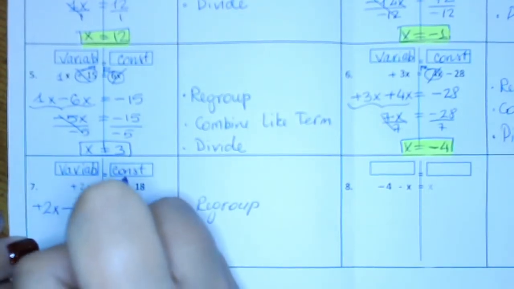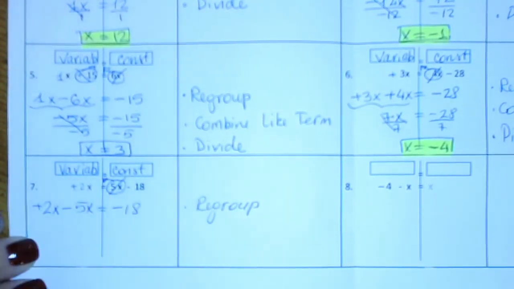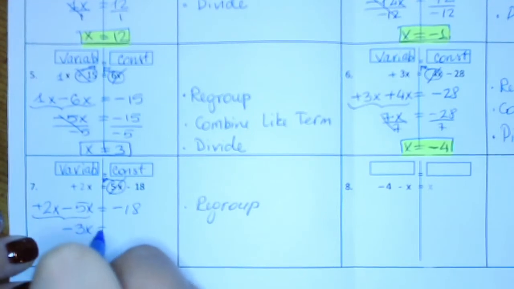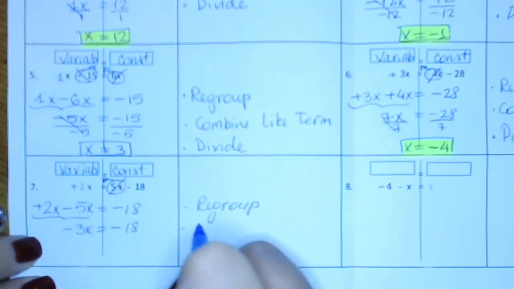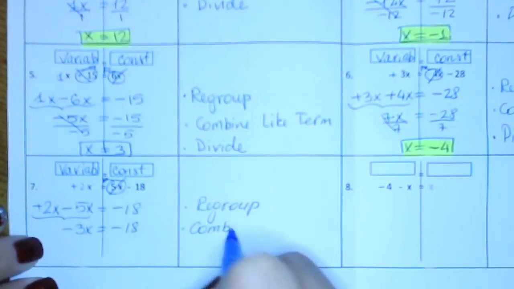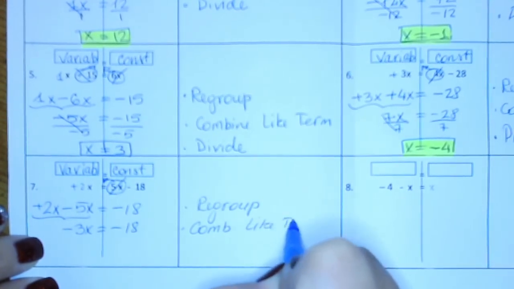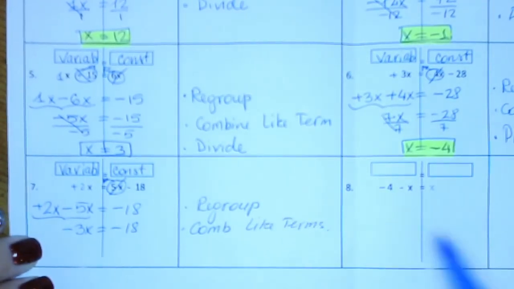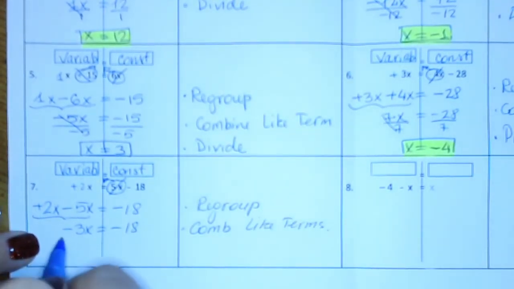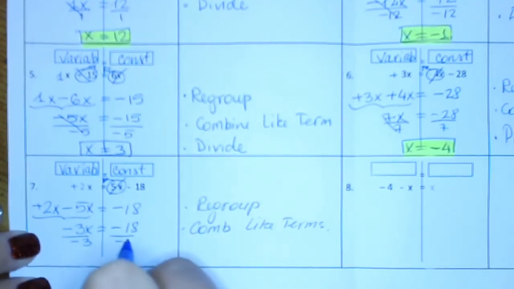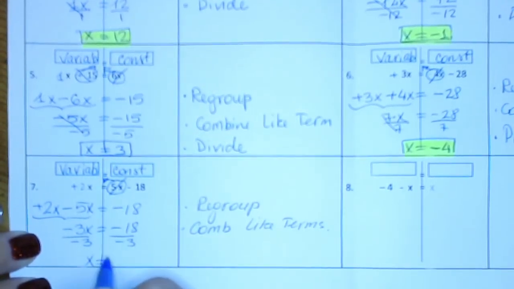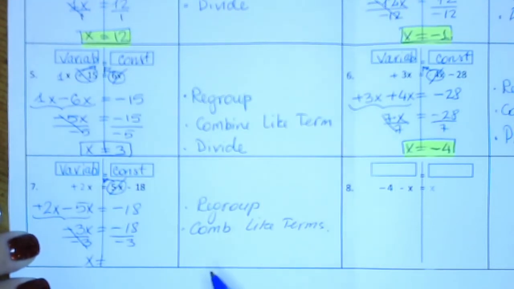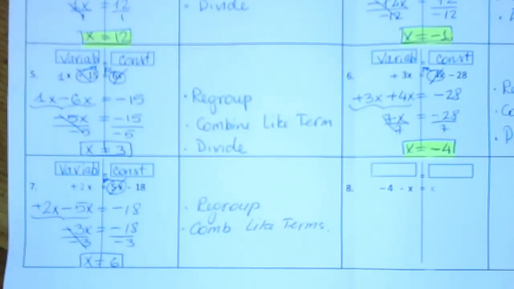Because it was positive, so I have to take it away, and that's inverse the operation. Combine like terms: -3x equals -18. Divide by -3. And here we go. Negative divided by negative is positive. Done.